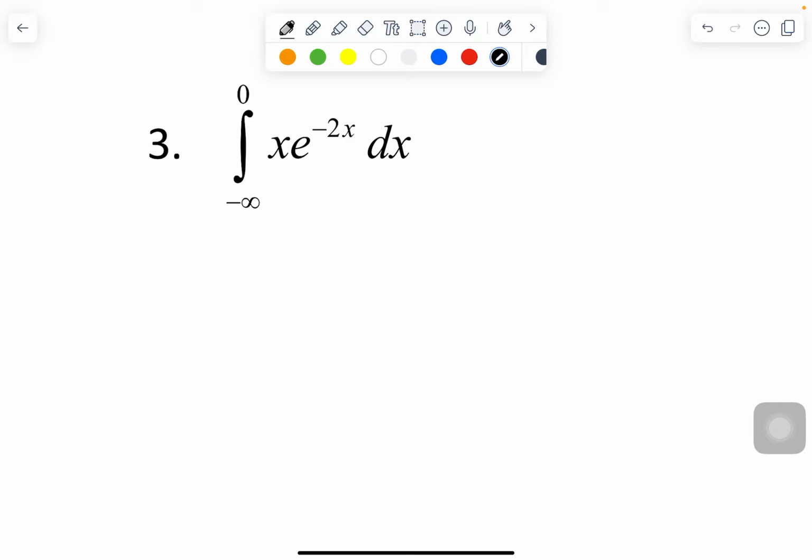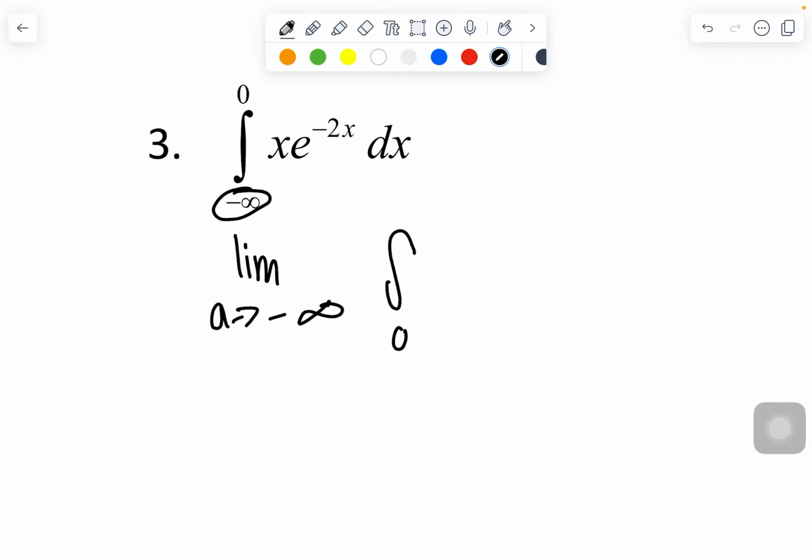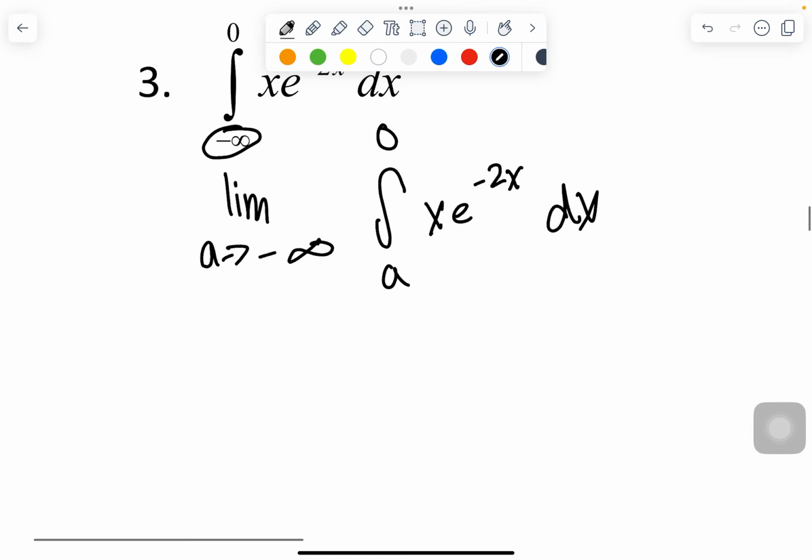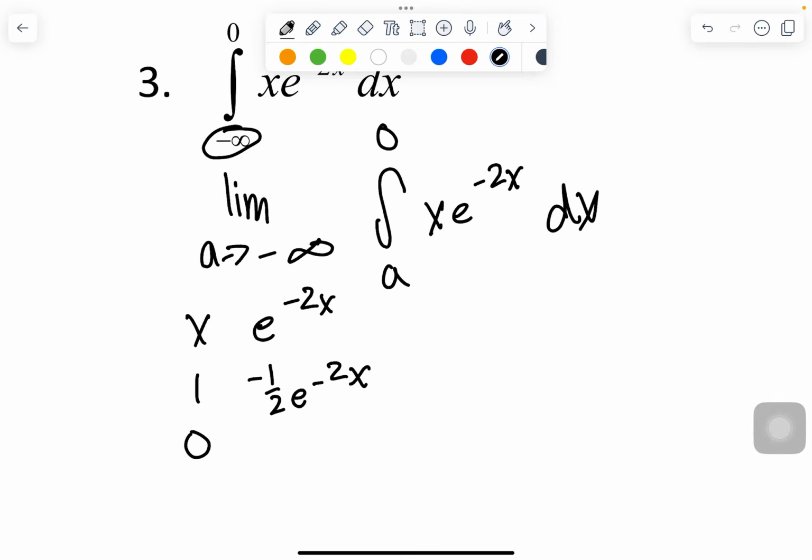So let's take a look at another example. So we see we're going to negative infinity. So we have the limit as a approaches negative infinity of the integral from a to 0 of x times e to the negative 2x dx. To solve this, I would probably use the tabular method to integrate it.